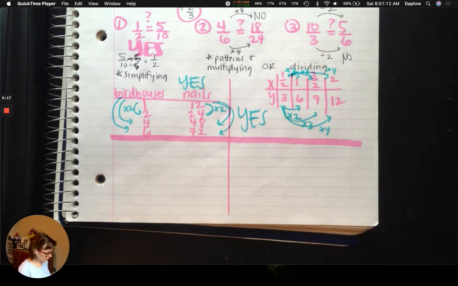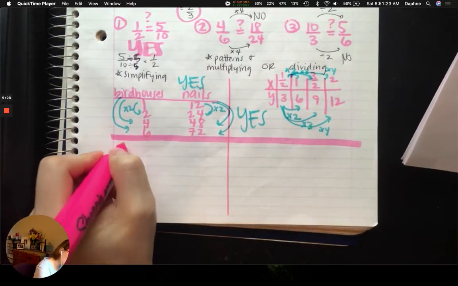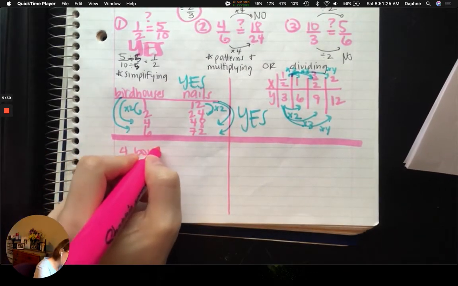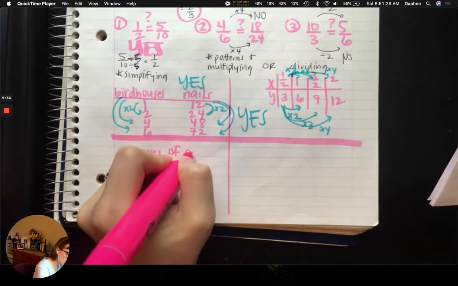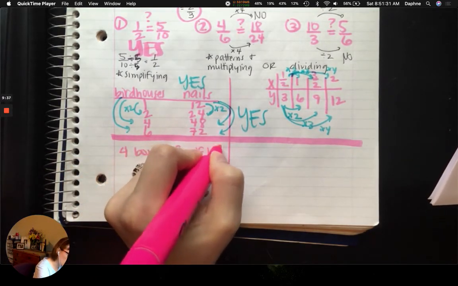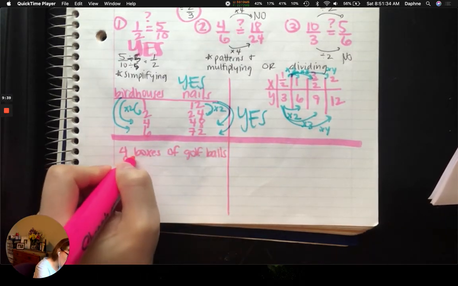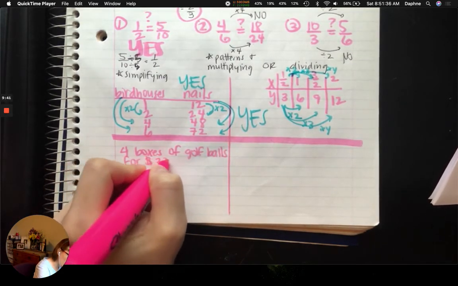2 left. Okay, so these are word problems. I'm going to write down the bare minimum, so you can write down even less than that if you just want to do the work. Up to you. So you can buy 4 boxes of golf balls for $30.